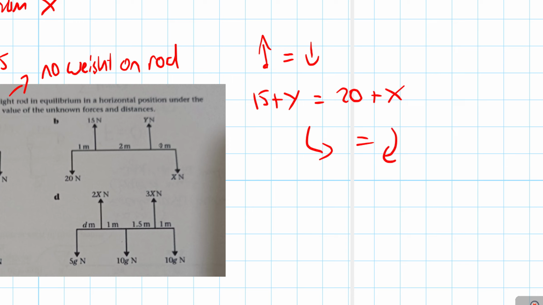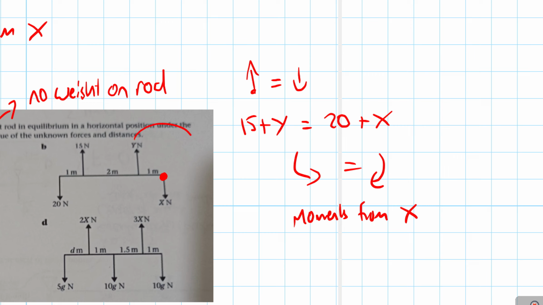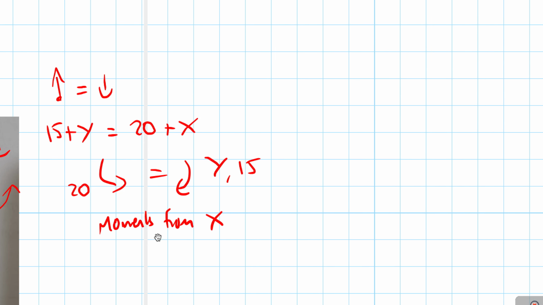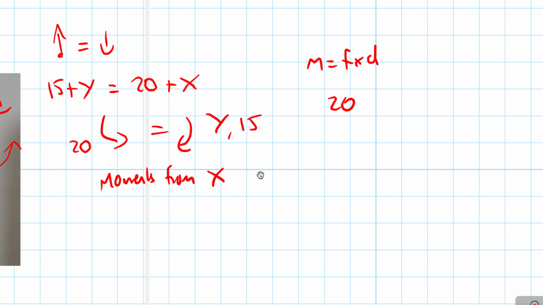From here you can take moments from any point. I usually take it from the end if possible because that makes it simple. So we're going to take moments from x, but you can take it from any side. If we take moments from x, y is going round clockwise, 15 is also going round clockwise, and 20 is going anti-clockwise. Then we use our formula, moments equals force times distance. 20 is at the end, so it's 1 plus 2 plus 1, that's 4 meters away.